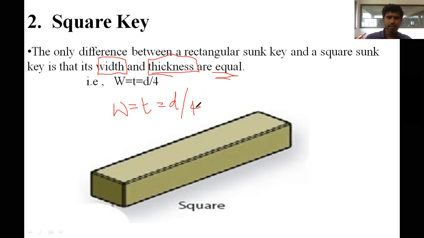Both have the same thickness and width. You can see in this figure it is exactly a square shape. Hope you are getting this.